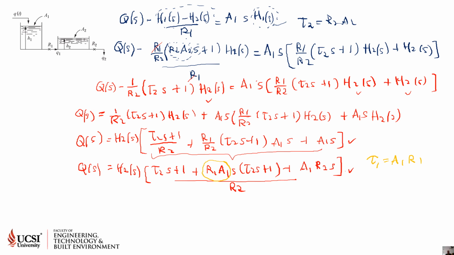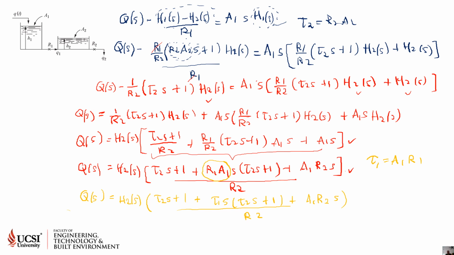So we proceed, and I can write this term as Qs equals to H2S times tau 2s plus 1, plus tau 1s, then tau 2s plus 1, and this one then remain as A1 R2 s over R2.